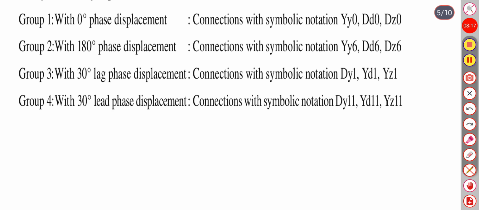If there is a 0-degree phase displacement, then the connection symbolic notation can be denoted as YY0, DD0, and DZ0. If the phase displacement is 180 degrees, then the symbolic notation will be YY6, DD6, and DZ6.